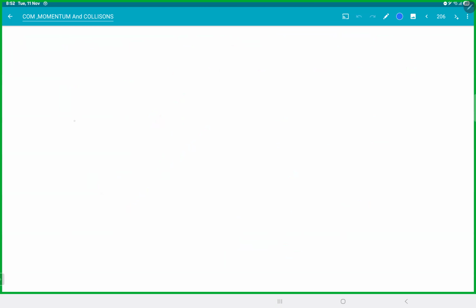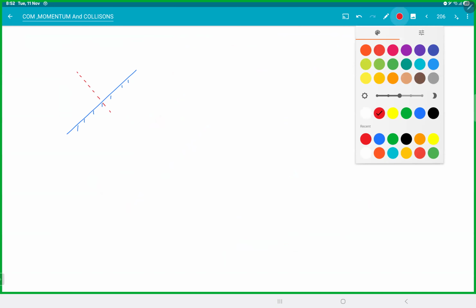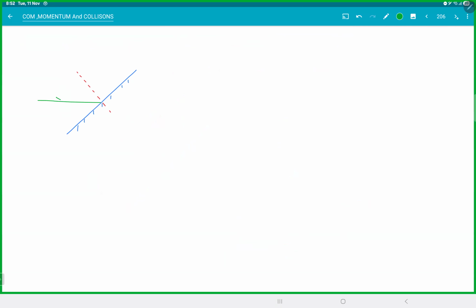Once we got this, now, so we know this. Whenever you collide with the wall, this is u bar. Let's say I take this angle to be theta. So this component will be u sine theta, and this will be u cos theta.